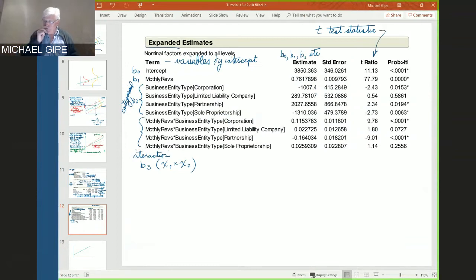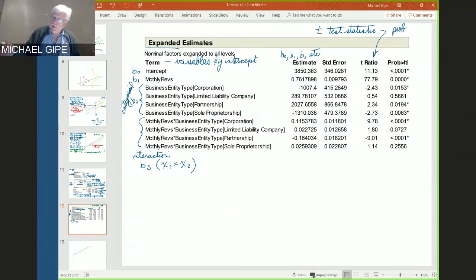And if you look at that, you can calculate them out yourself. How many standard errors is this estimated value from zero, and that will give you the t ratio. And of course, the probability is the probability of getting this value if the actual value was zero.